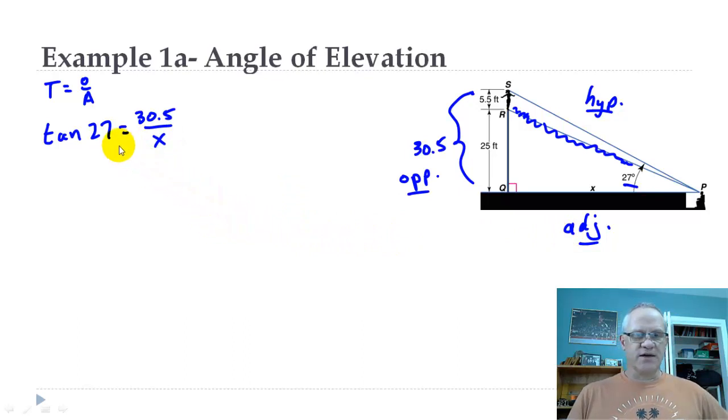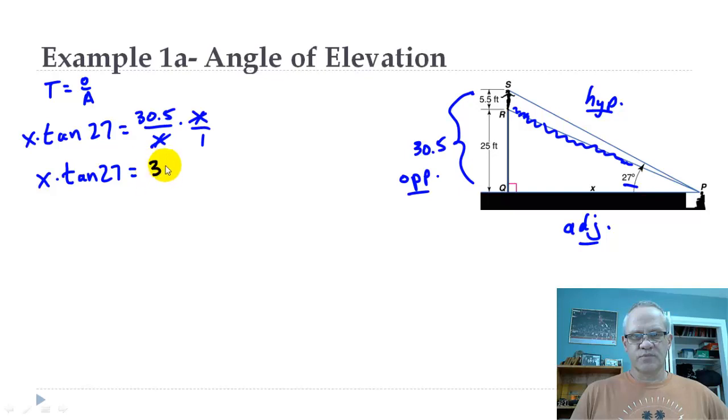Now remember, we're trying to find X. Problem is X is on the bottom, so what I have to do is get it off the bottom. How I do that is multiply by X over 1. If I do that on this side, I also have to do it on this side. So now I have X times the tangent of 27 equals 30.5.